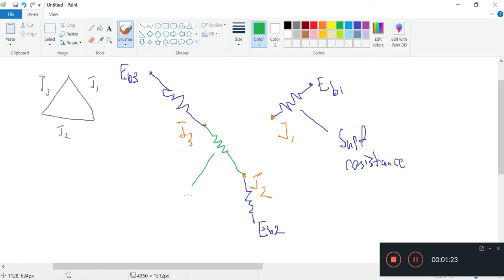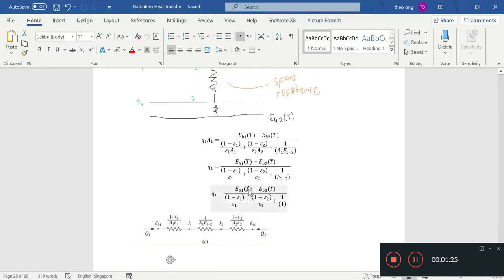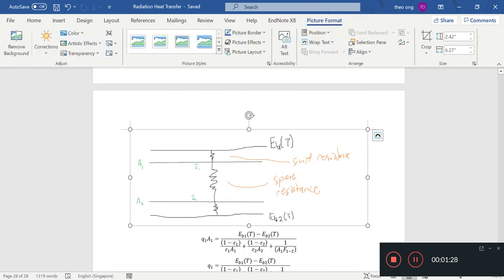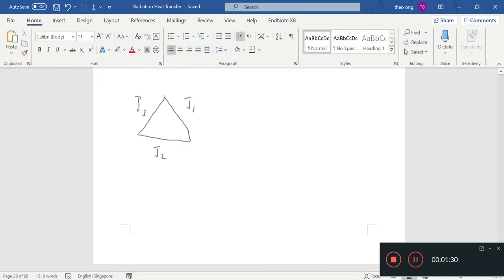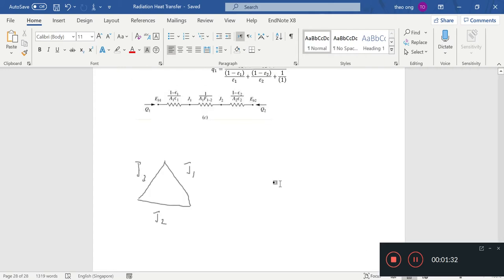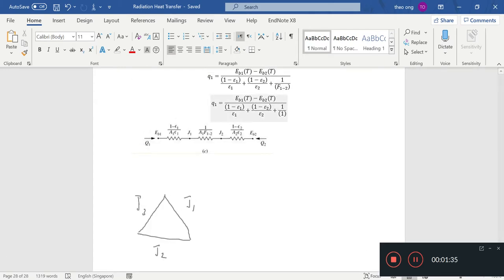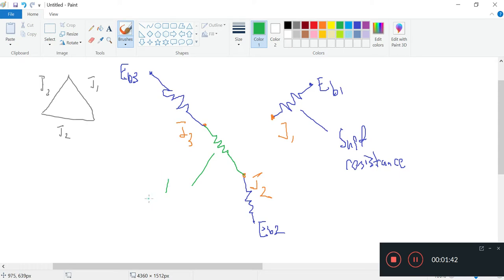This is the space resistance, if I'm not wrong. Space resistance that is due to the view factor, which is 1 over A1 F1 to 2. Okay, so that's 1 over A3 F3 to 2. Okay, let's draw it properly one more time.